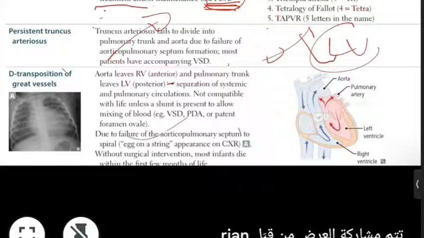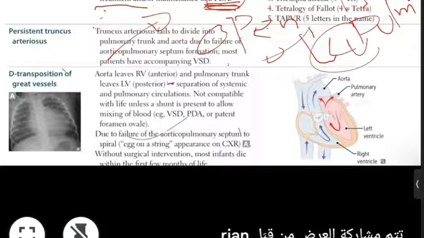We say that the patent ductus arteriosus is, from its name, ductus arteriosus. Patent means open. Ductus is a duct between arteries, between two arteries. So patent ductus arteriosus means you have an open duct between the two arteries. What are the arteries?